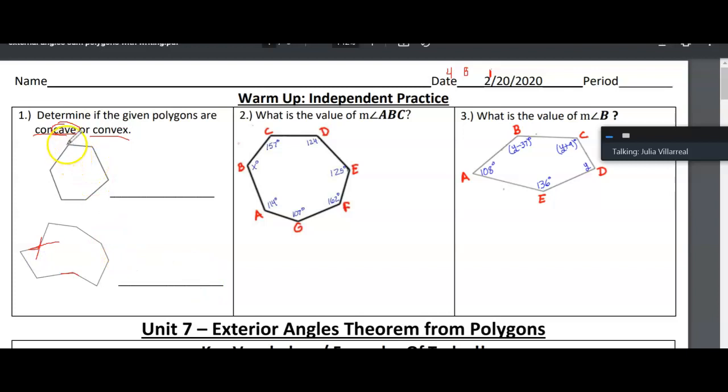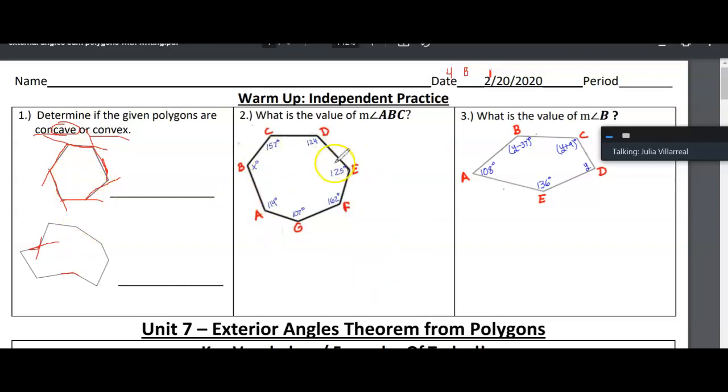This one does not have any dents on it, and if I extend all these segments, they will not travel inside. See how they don't go inside the figure? None of these segments go inside, so this one is called convex.